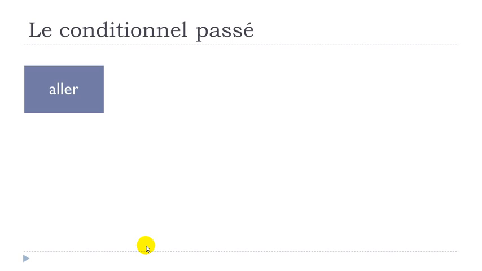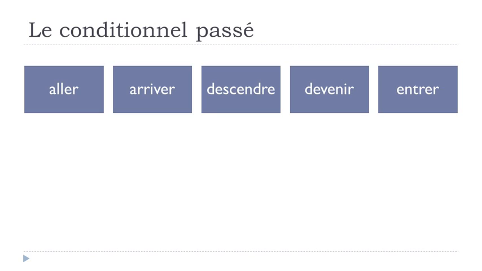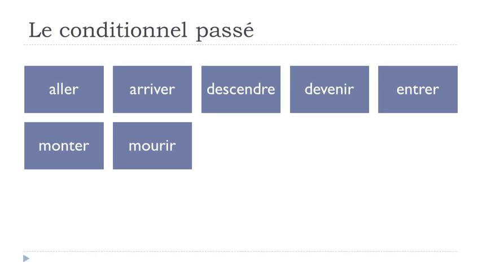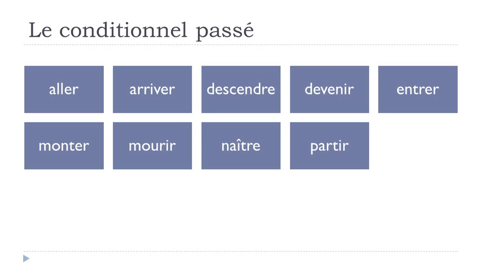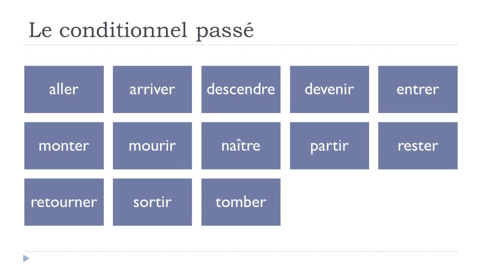So the verbs that will require être will be the following: aller, to go; arriver, to arrive; descendre, to go down; devenir, to become; entrer, to enter, to come in, to go in; monter, to go up; mourir, to die; naître, to be born; partir, to leave; rester, to stay; retourner, to return; sortir, to go out; tomber, to fall; venir, to come.